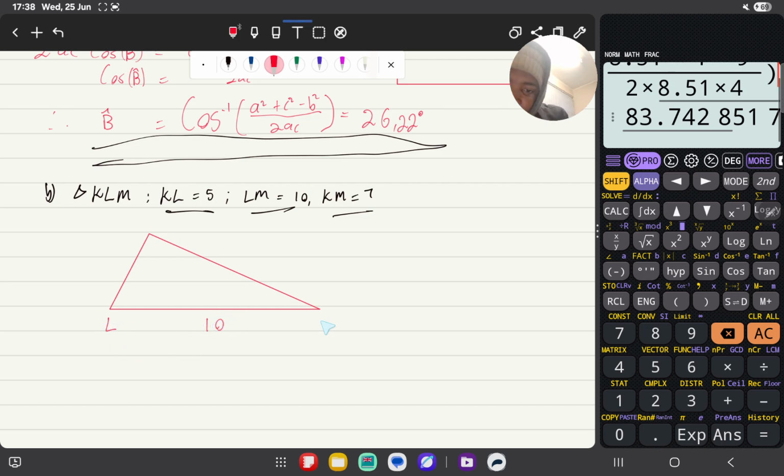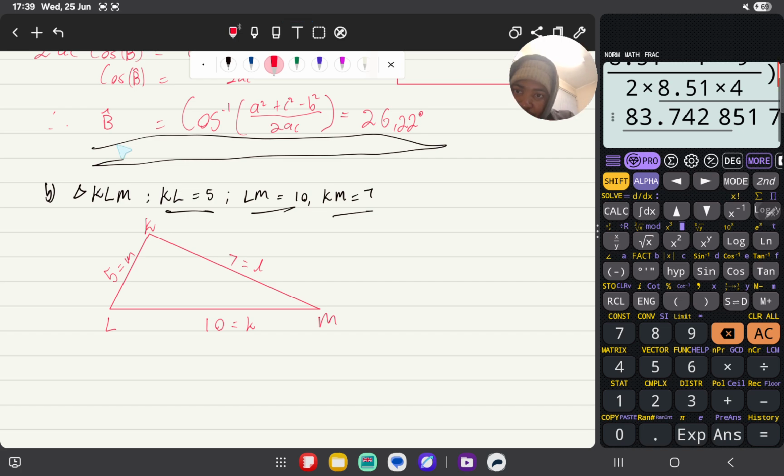I will make this be L, M, and then the shortest side will be K, and then I have 5, then I have 7, right? Cool. I can say 7 is small letter L, and then this one is small letter K, this one is small letter M, right?